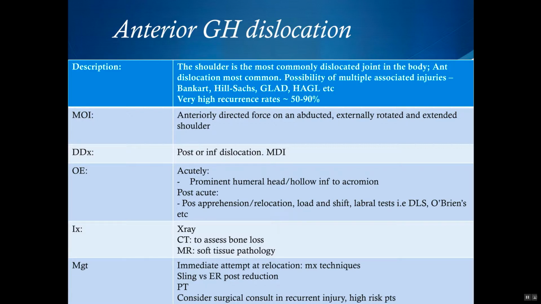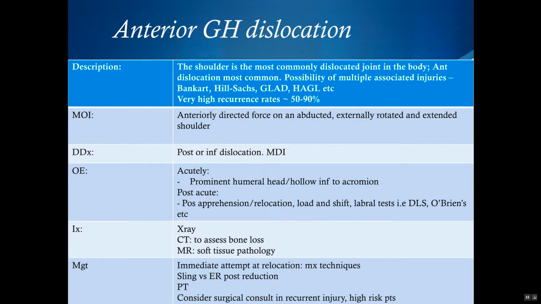On exam, acutely, you would typically see a prominent humeral head or a hollow space inferior to the acromion. Post-acutely, you would expect to find some positive instability tests or positive labral tests.